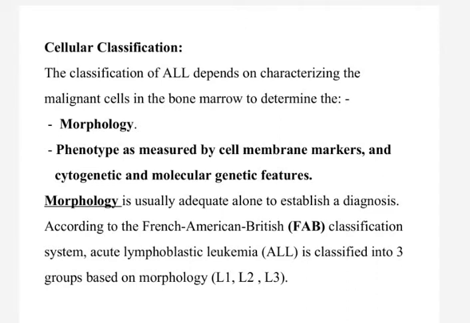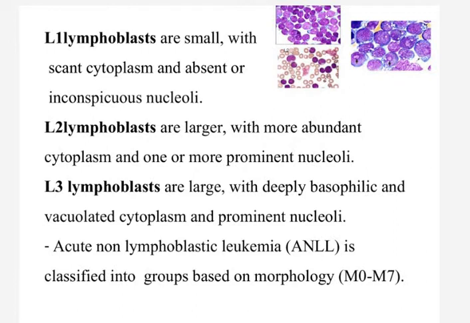From the morphology, it is usually adequate alone to establish diagnosis according to the French American British classification, FAB classification system. Acute lymphoblastic leukemia is classified according to this classification into 3 groups based on the morphology, L1, L2, L3. This is the morphological study for these cells.